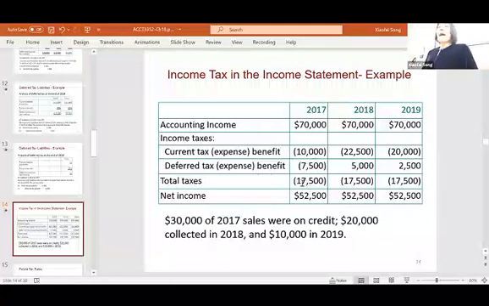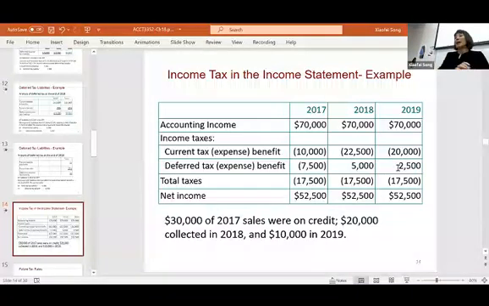So the total tax is 17,500, and so the net income is 52,500. That's 2017. This row, the current income tax, is computed when we computed taxable income. And this row, the deferred tax, we calculated in each of the three slides when we analyzed the difference.